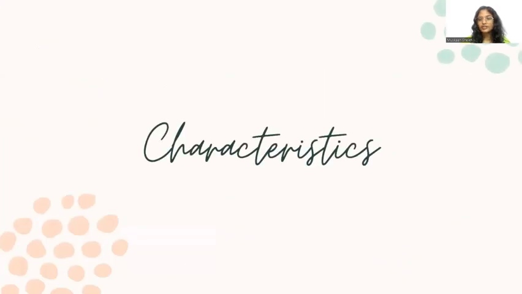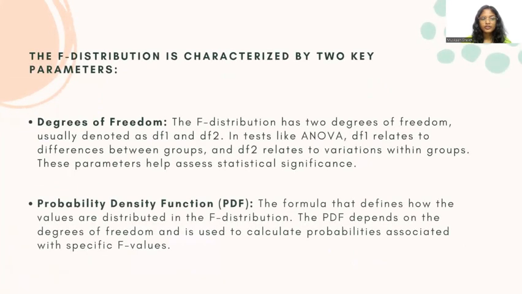Let's see the characteristics. The F distribution is characterized by 2 key parameters, degree of freedom and probability density function. The F distribution has 2 degrees of freedom, usually denoted by df1 and df2. In tests like ANOVA, analysis of variance, df1 relates to differences between groups and df2 relates to the variations within groups.